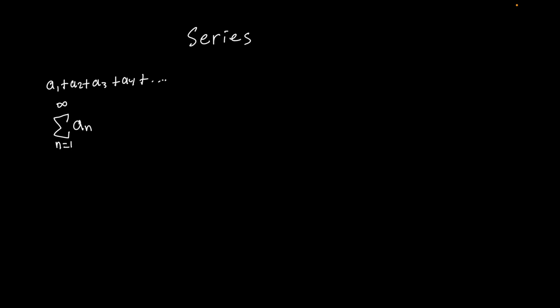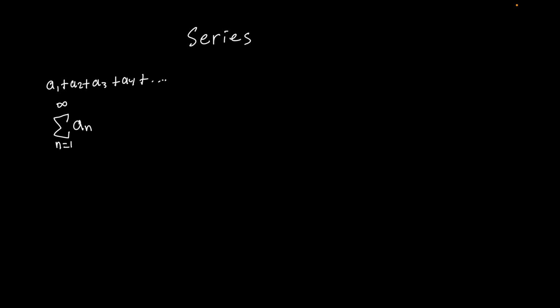The sigma symbol that you see right here in blue means to add. So this means that starting at n equals 1, plug into the function a sub n and add all the terms.